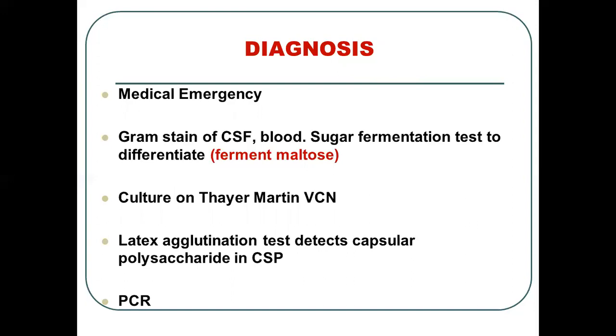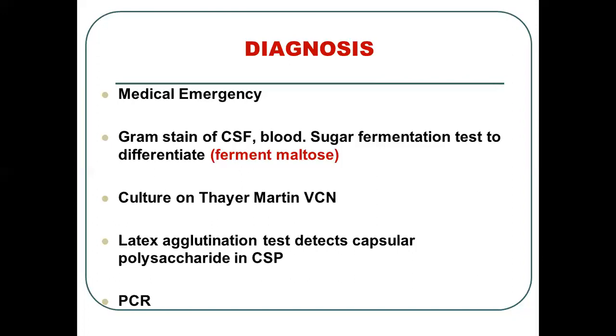Then we can perform the sugar fermentation test to differentiate between Neisseria meningitidis and Neisseria gonorrhoeae. Neisseria meningitidis is maltose positive; it ferments maltose. Neisseria gonorrhoeae does not ferment maltose. So based on growth on chocolate agar and fermentation, the only fermentation test to differentiate between Neisseria gonorrhoeae and meningitidis is the maltose test. Meningitidis is maltose positive and gonorrhoeae is maltose negative.